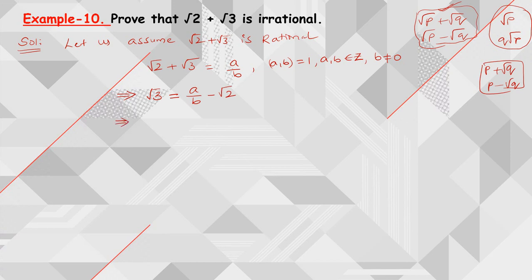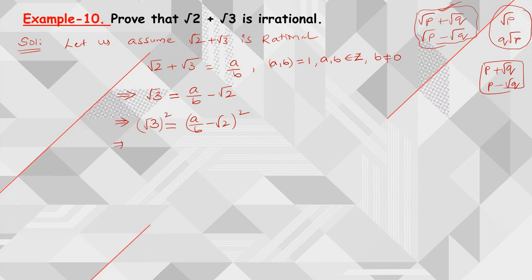Now in the next step, I am going to square both sides. On doing squaring, I get 3 is equal to a by b minus root 2 whole square. On the left hand side we have root 3 whole square.